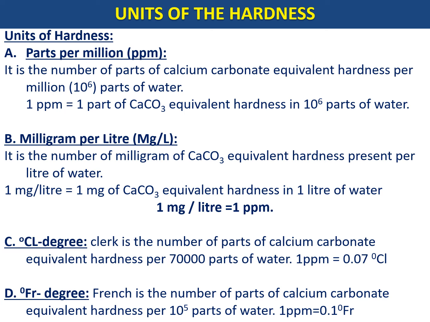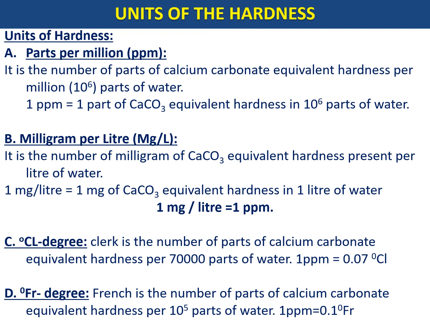Remember it. Next, French degree means 1 part present in 1 lakh parts. That means 1 part of CaCO3 hardness causing salts present in 1 lakh parts of water is called a French degree. So 1 ppm is equal to 0.1 degree French.